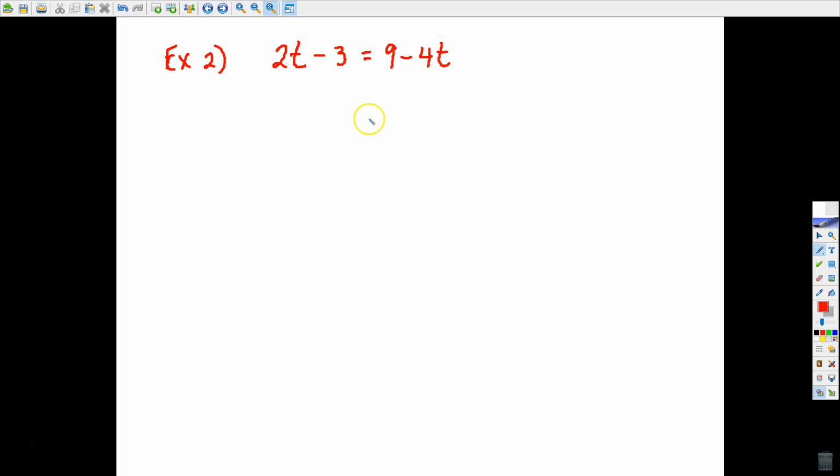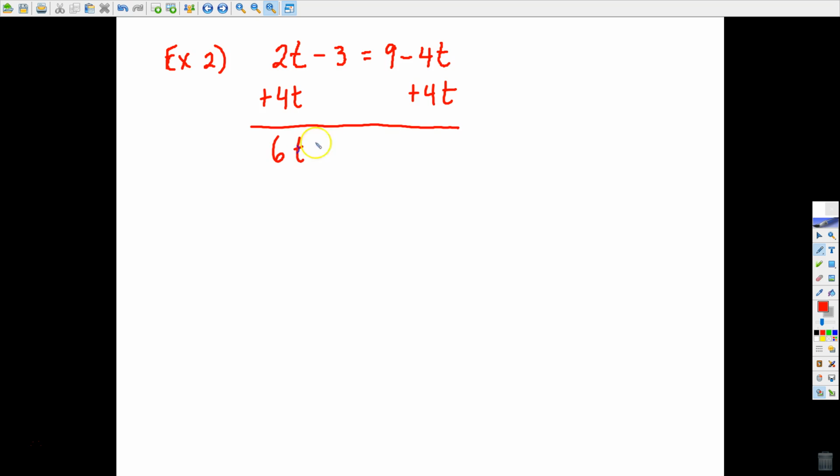Okay, another example of the two variables. I have t on either side, so I need to make it so that t appears on one side only. So the smaller of these two terms is negative 4t, so I'm going to undo it. I'm going to kill it by using addition to offset the subtraction.